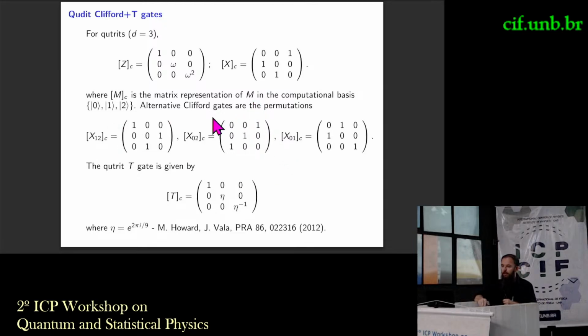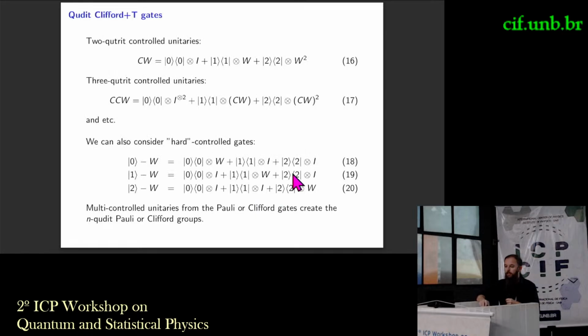And we have alternative kinds of Clifford gates that are more convenient for circuit design, for example. And the qutrit analogue of the T gate is this gate here, okay? And then we can form these two-qutrit controlled unitaries, for example.